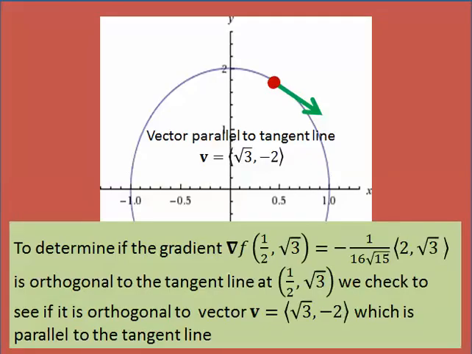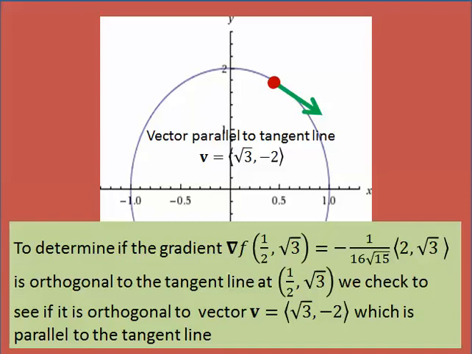To determine if the gradient is orthogonal to the tangent line, all we need to do is check to see if the gradient is orthogonal to our vector v, which is parallel to the tangent line. So how do we know that two vectors are orthogonal?